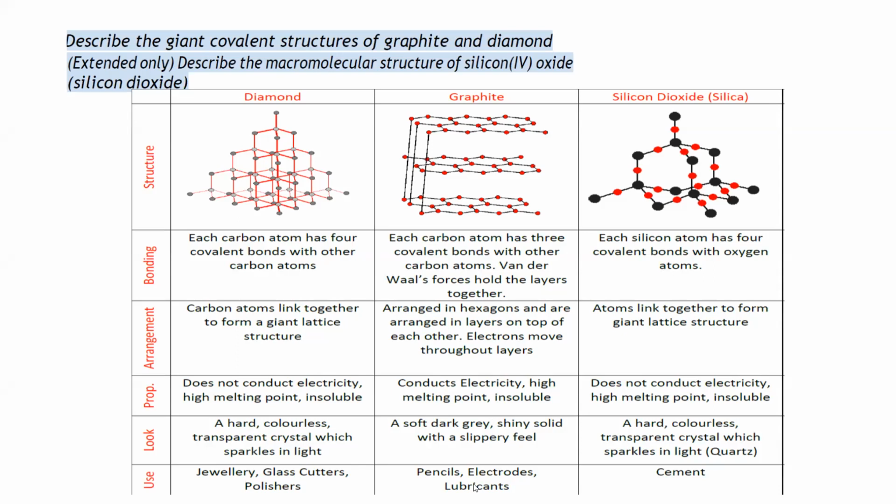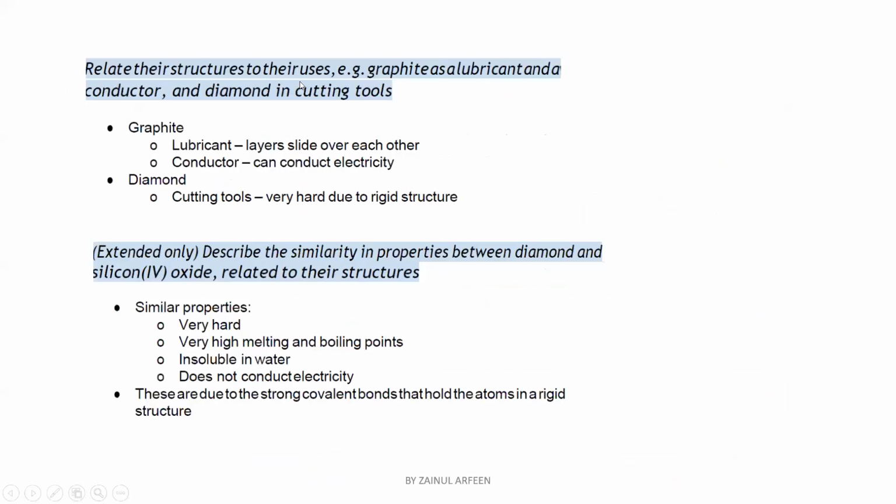You should be able to explain the bonding in diamond, silicon oxide and graphite, how the atoms are arranged in the structure, the properties, how it looks, and what the uses are.